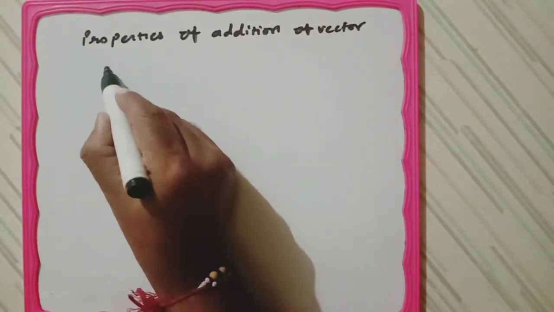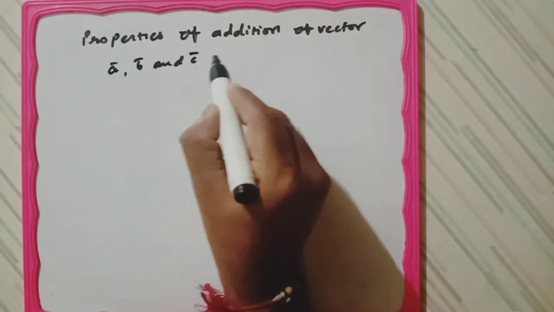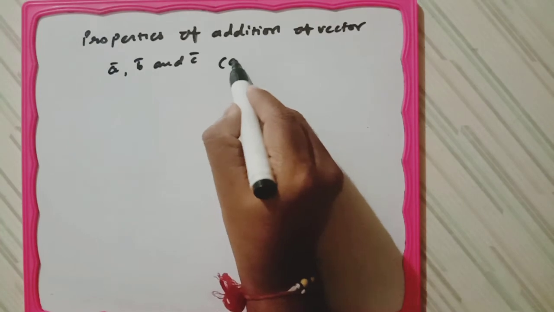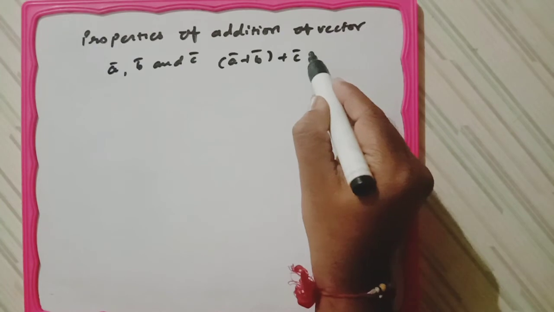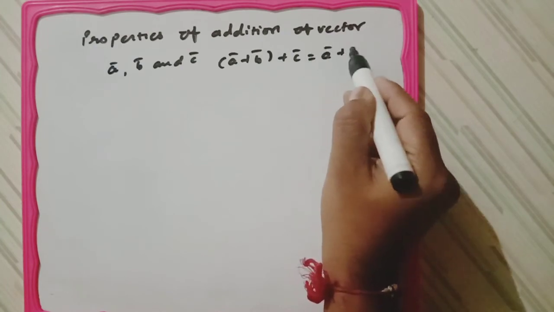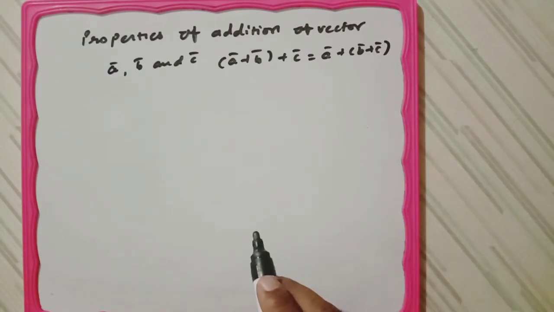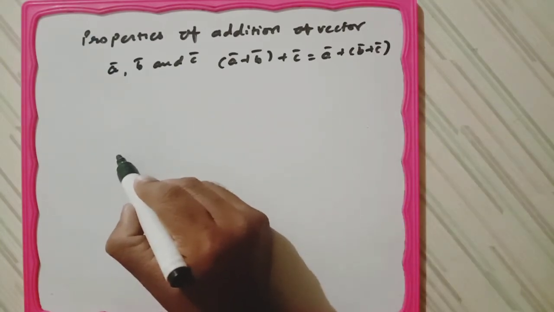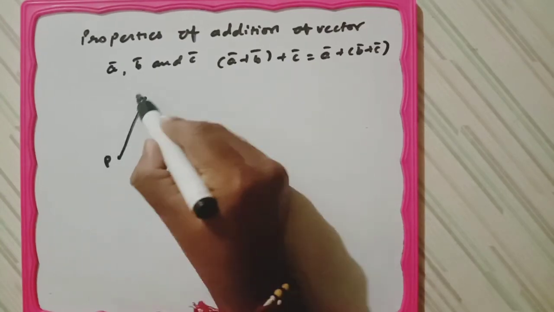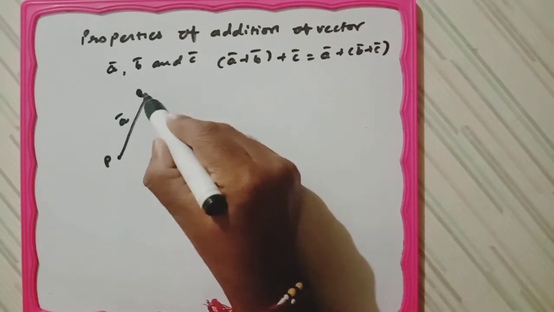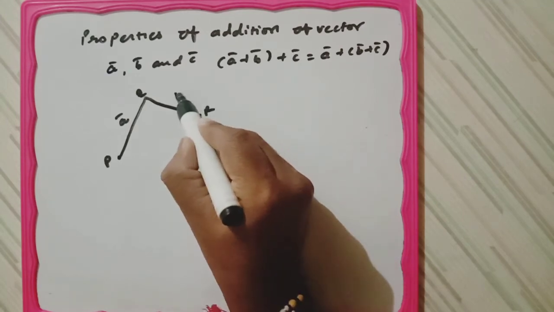Now we will show that for three vectors A bar, B bar and C bar, vector addition is associative, meaning A bar plus B bar, added to C bar, is equal to A bar added to B bar plus C bar. So here we have one vector PQ which represents A bar, and another vector QR which represents B bar.